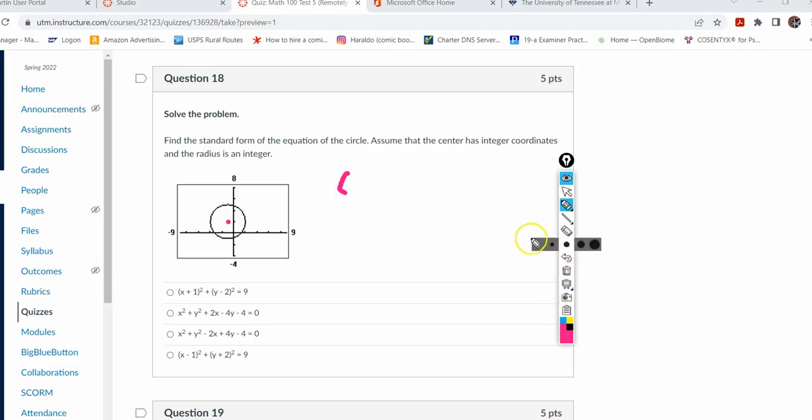So it looks like my center is the point -1, comma 2. And it looks like my radius is, well, the distance from the center to any point. I take that horizontal distance. Okay, so that's where 1 would be. And then this first grid is 2. So my radius is 3.